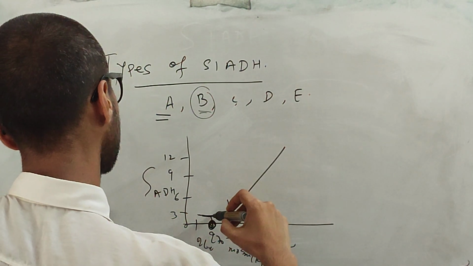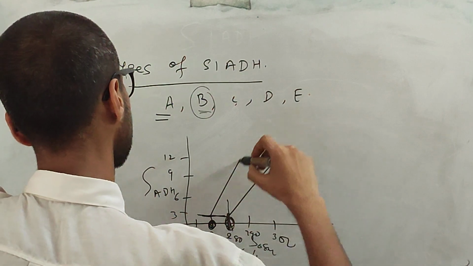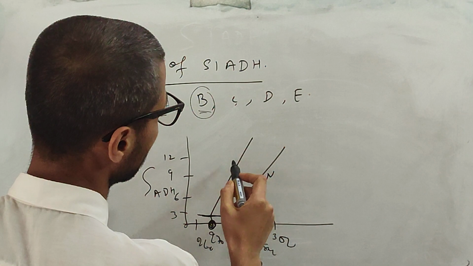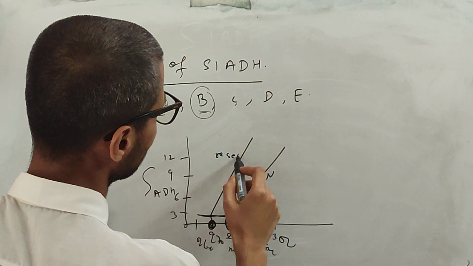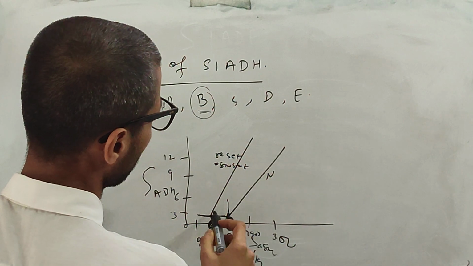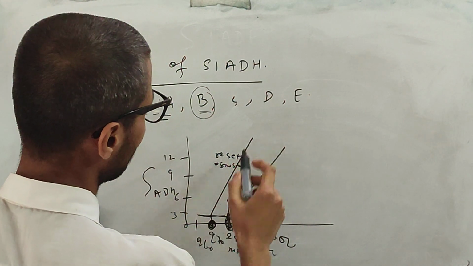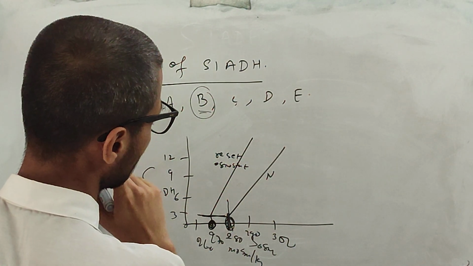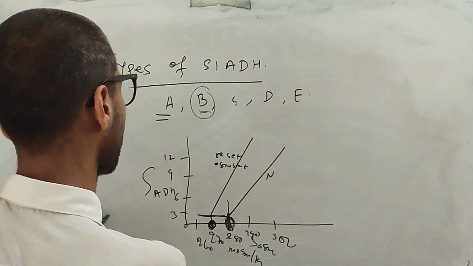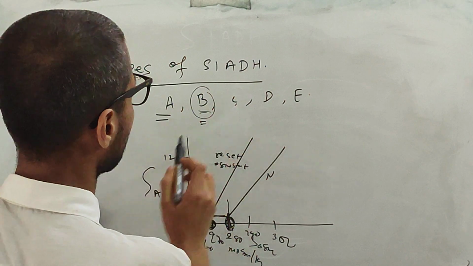Then when it becomes 270, there is a sharp increase in ADH. Normally this occurs at 280, but with a reset osmostat, there is an increase in ADH even at the lower serum osmolality. This is type B SIADH.